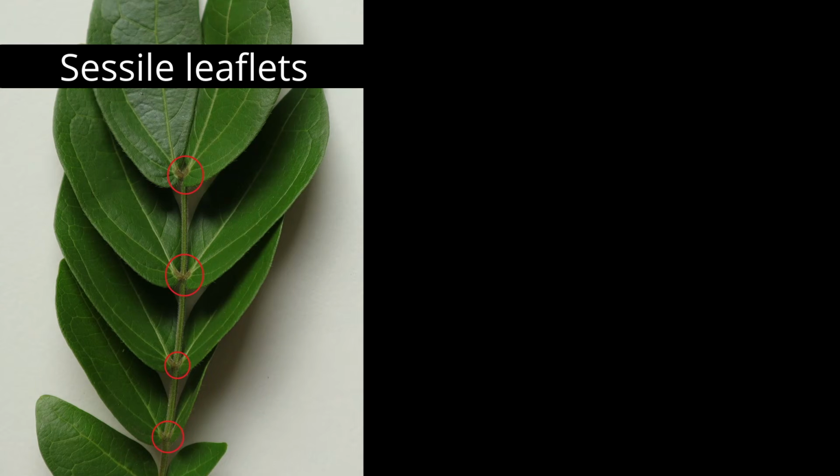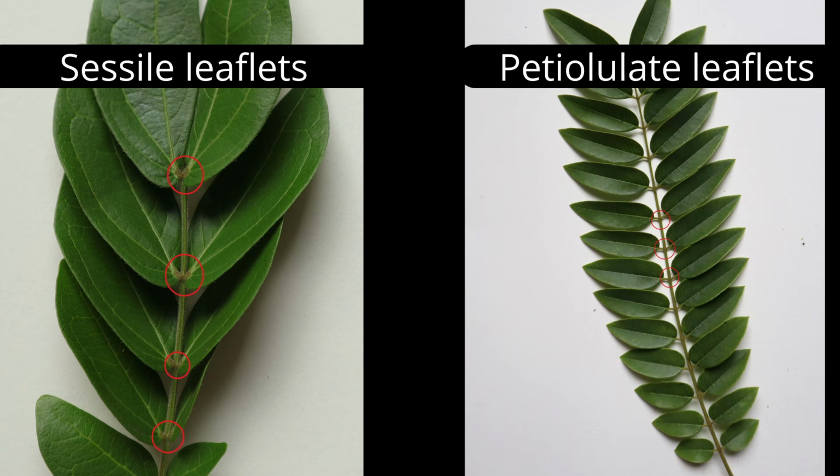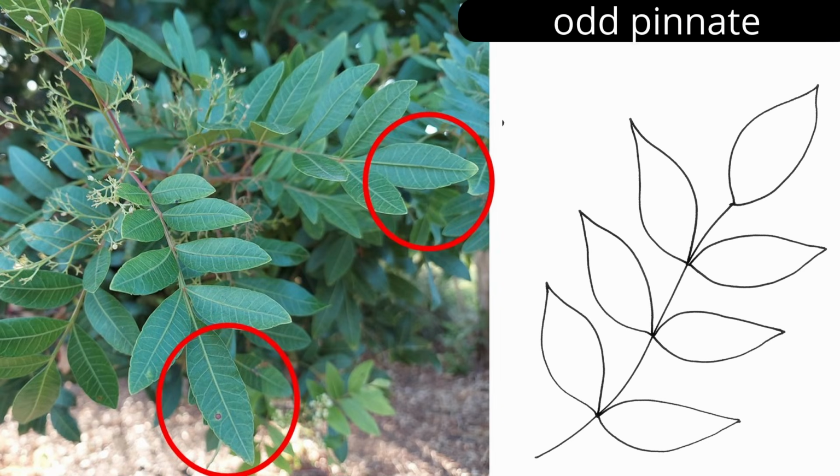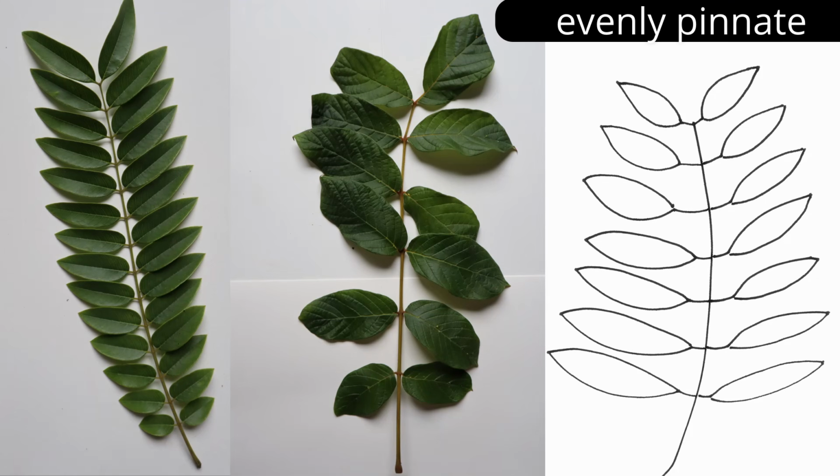The leaflets might be attached to the rachis directly, these are sessile leaflets, or connected by a stalk called a petiolule. Pinnately compound leaves can be either odd pinnate, which means they have a terminal leaflet, or evenly pinnate, where you'll find only two rows of leaflets without a terminal one.